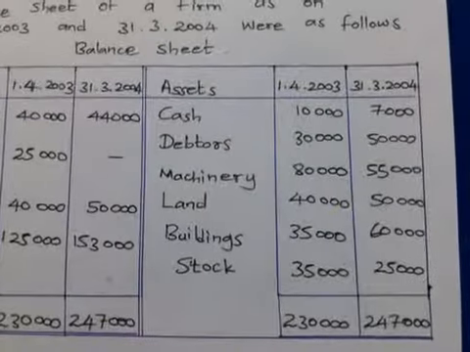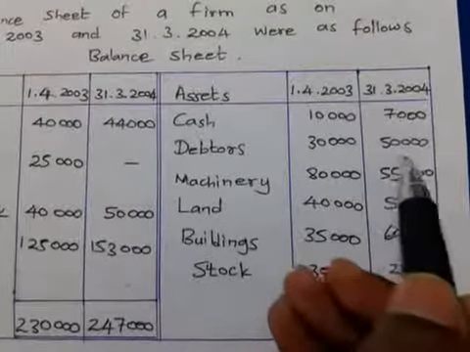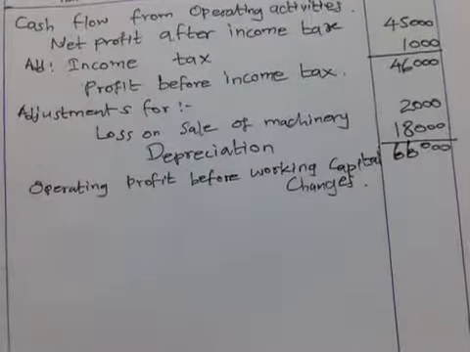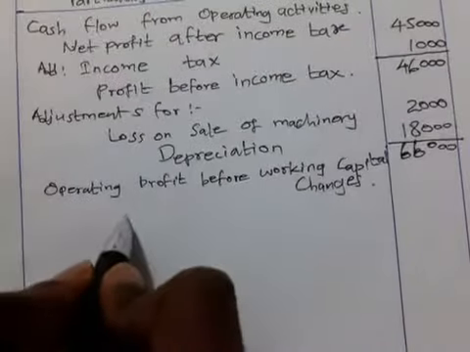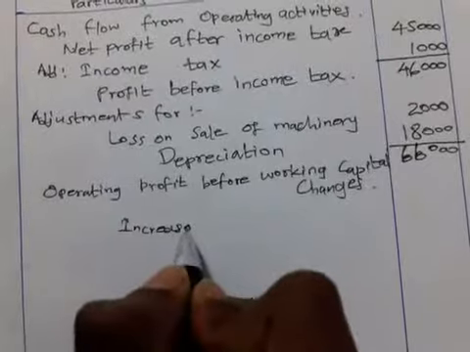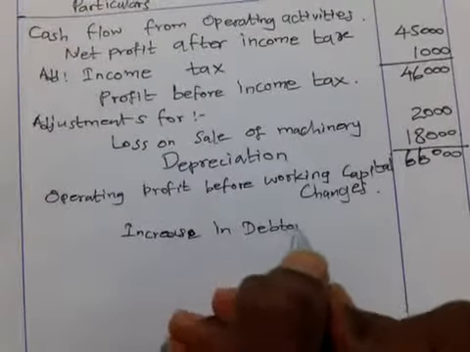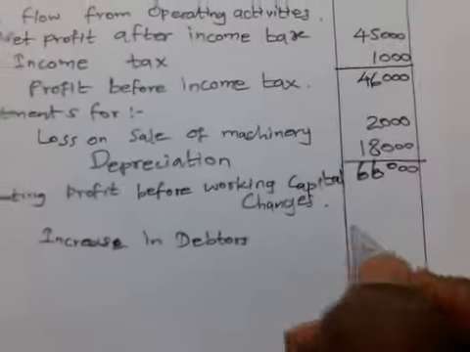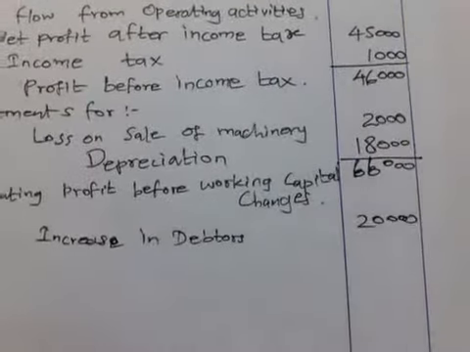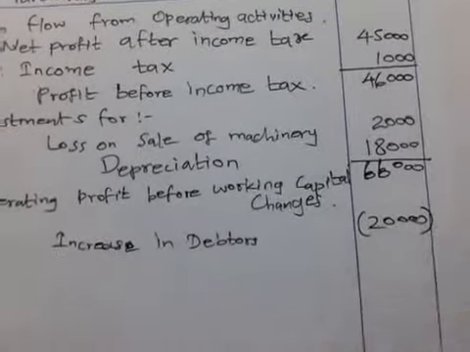So we have to deduct the increase amount of the debtors, $20,000. Increase in debtors, $20,000. Deduct the amount.